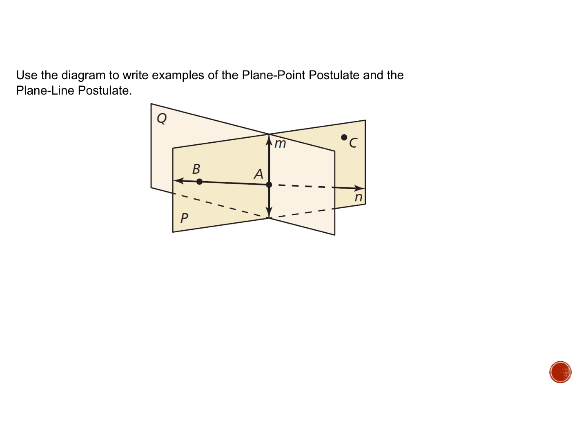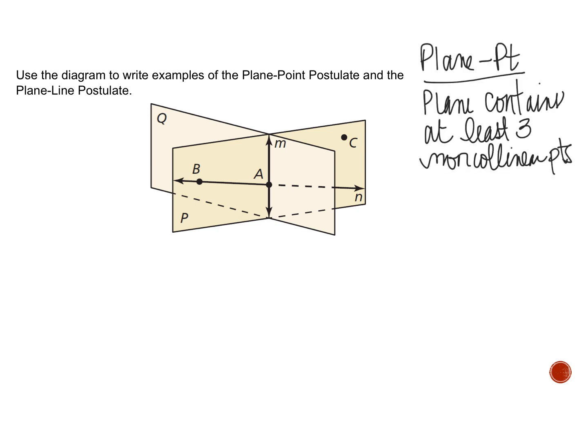Let's take a look at example 2. So for example 2, it says use the diagram to write examples of the plane point postulate and the plane line postulate. So just as a reminder, the plane point postulate states that a plane contains at least 3 non-collinear points.